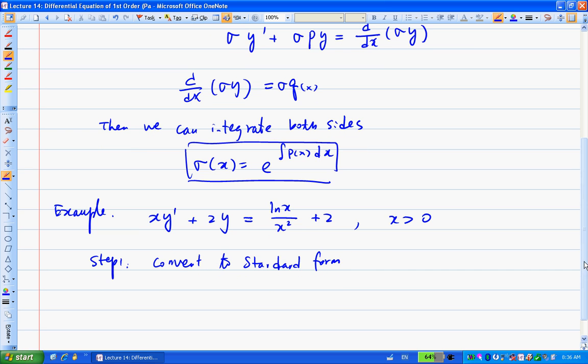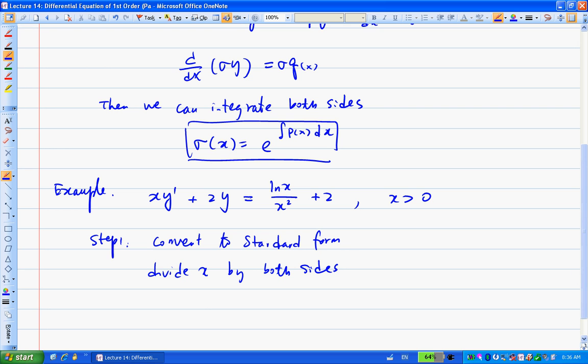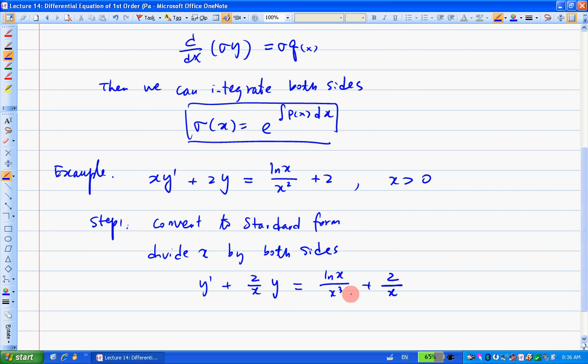That basically means divide both sides by x. That gives us y prime plus 2 over x y equals ln x over x cubed plus 2 over x. So that becomes this.